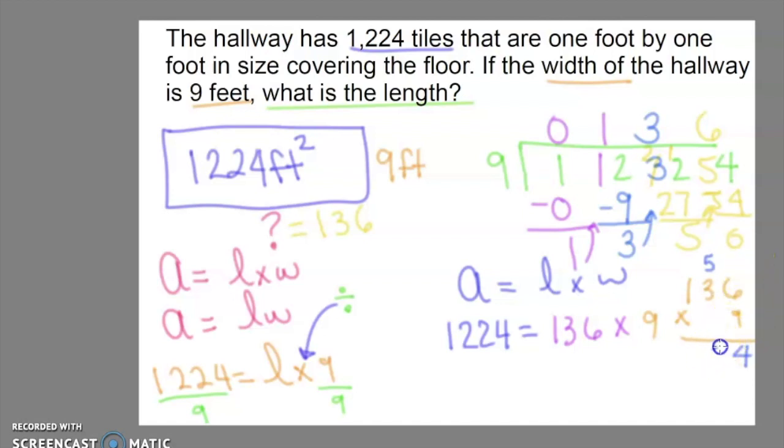So I put my 2, carry my 3. 1 times 9 is 9 plus 3, 9, 10, 11, 12. Look at that, 1,224. 1,224 is equal to 1,224. You bet. So now I know for sure that my answer is correct because I went back and I checked. Check, check.